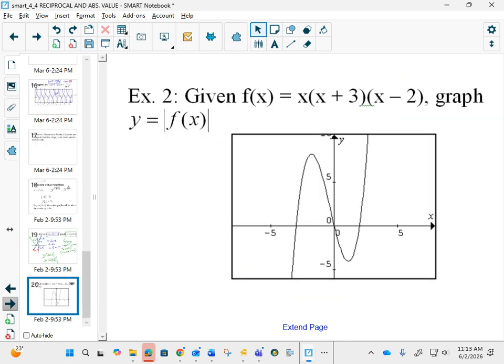So for the second example, it's from chapter 1. You have a polynomial already in factored form. How do you graph polynomials if it's in factored form? Well, the factors would tell us the following x-intercepts: (-3, 0), (0, 0), and (2, 0).